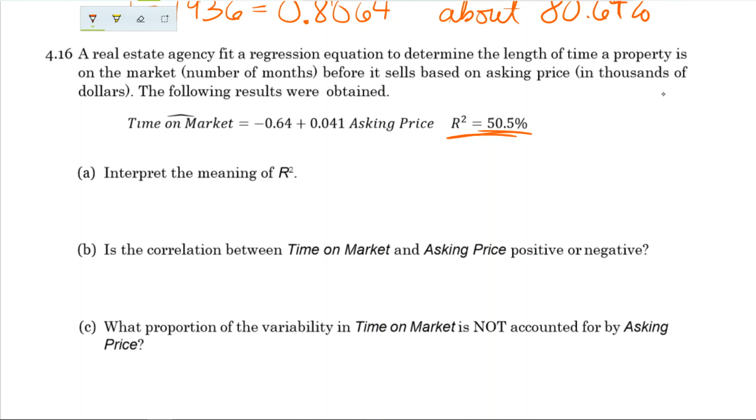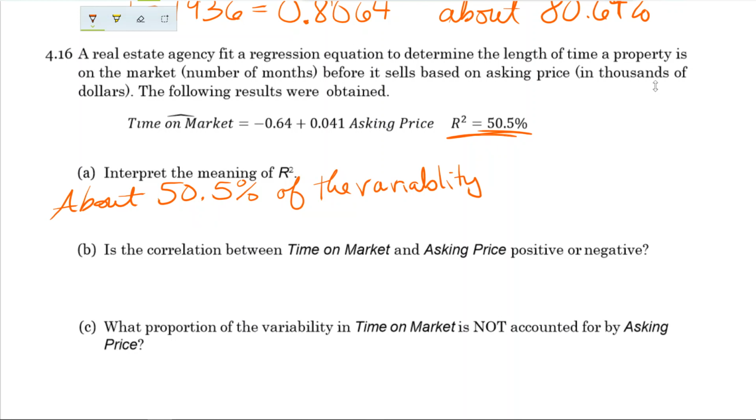All right, we have actual variables here this time. So about 50%, oh nope, 50.5. I don't want to be bad here. 0.5 of the variability or changes, so when you see variability, think varies. It varies a little bit from house to house.